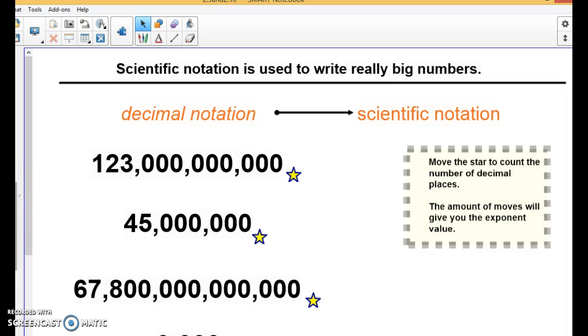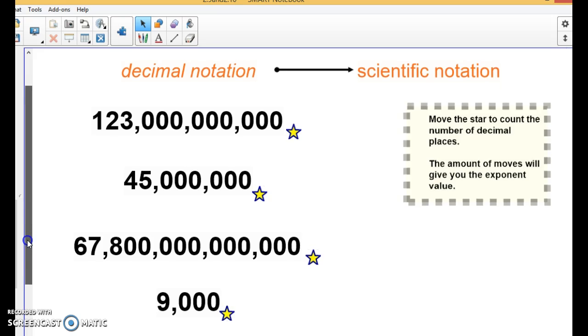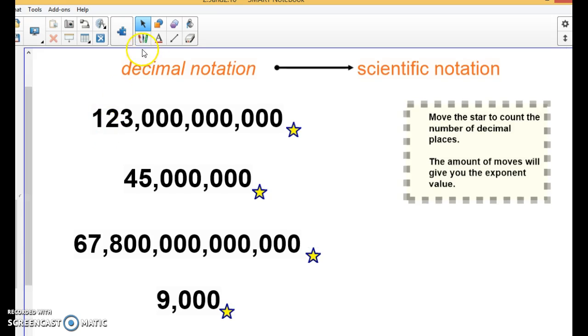And then we might have to write some problems backwards. So we see here, instead of writing that really big number that Mr. Muller doesn't even know how to say, we're going to put a decimal right here, because that's the only spot my decimal can go, since the decimal has to be between 1 and 10. So I move my star right here to where my decimal can go.